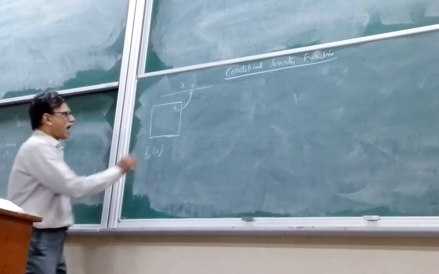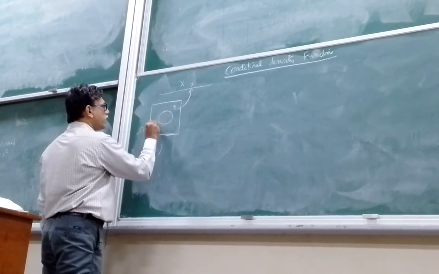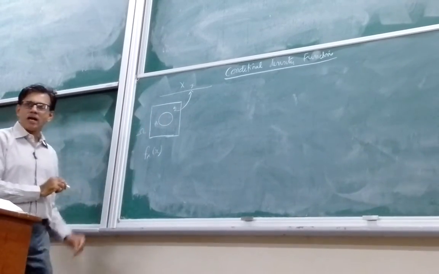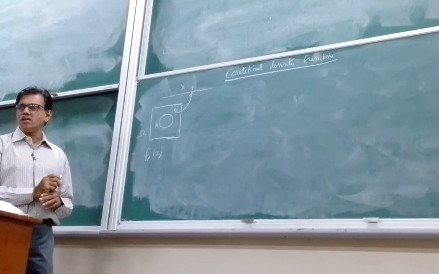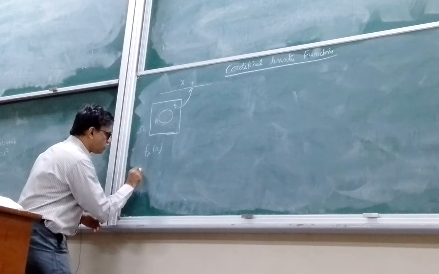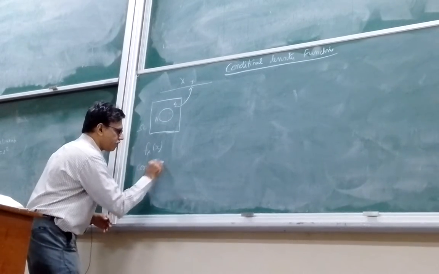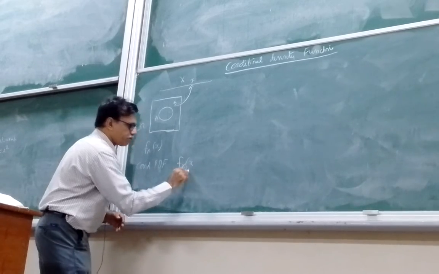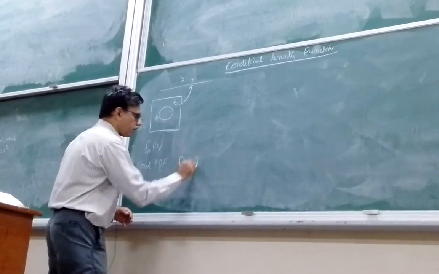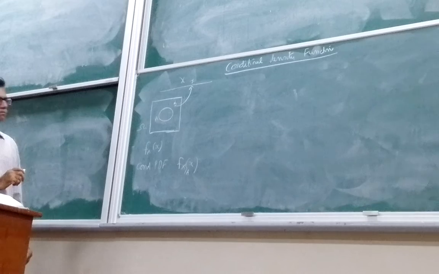Now if we have an event A, and you are told that the event has occurred, how do you recompute the density function? That is called the conditional PDF, denoted as fX(x given A). Okay, this is the conditional PDF.